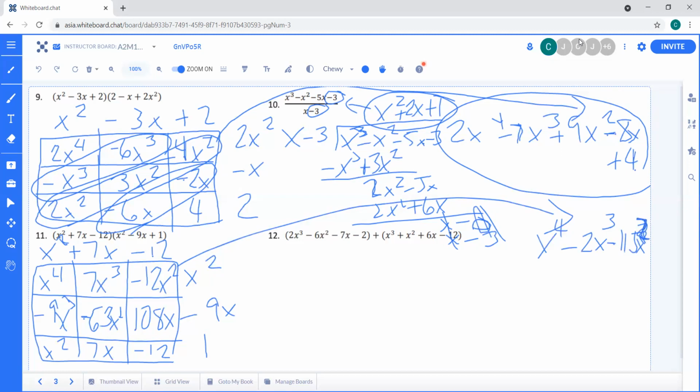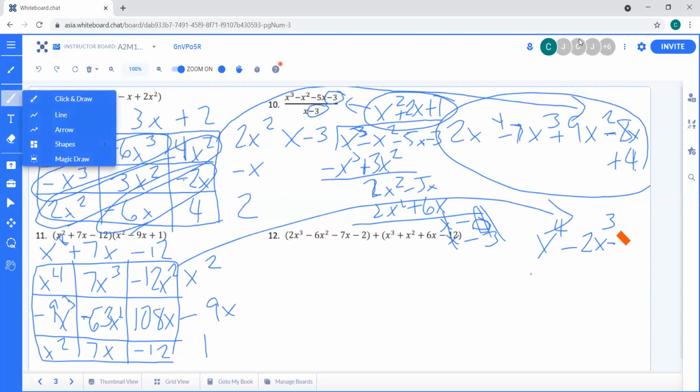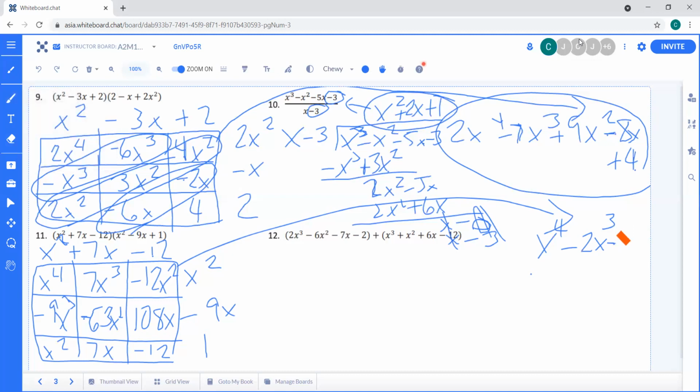Okay, and then x is going to be 100. No, that was my x. That is not correct. My x is negative 74x squared. And then we have a positive 115x minus 12. There's that one.